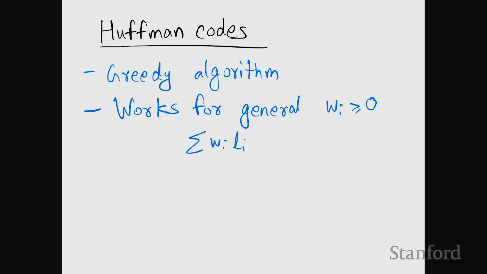If you have any weighted optimization problem, they need not be probabilities is what I'm saying. You can take any W's and it's the same algorithm, it doesn't matter. So sometimes you will see applications of Huffman codes beyond just coding in some other areas. You might see some of them in either this or the next homework.